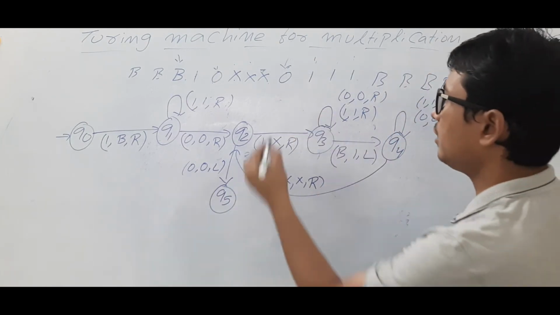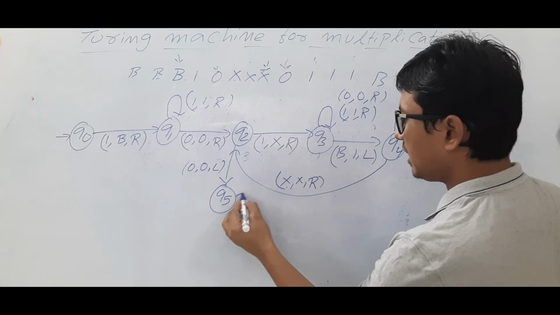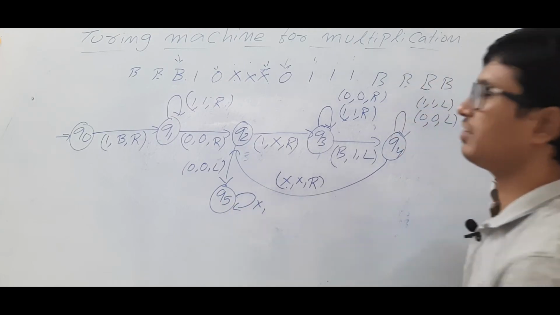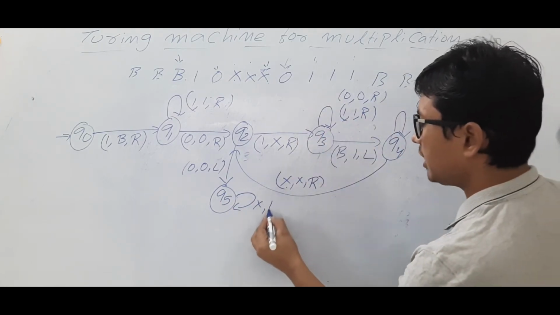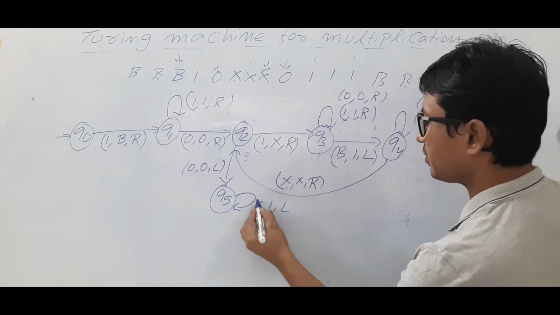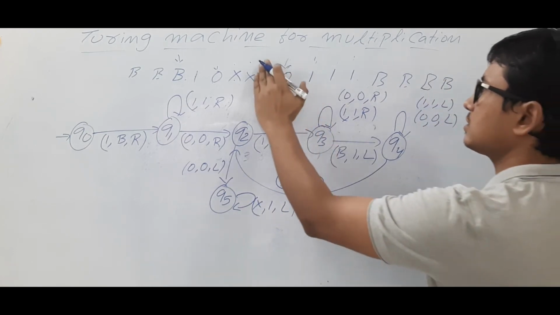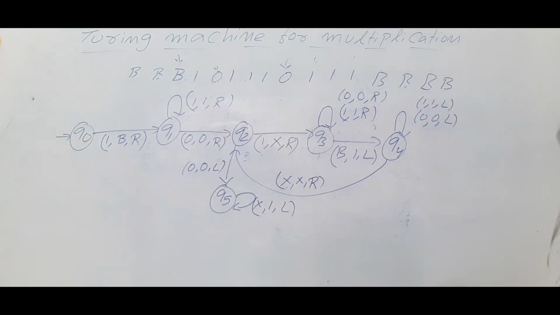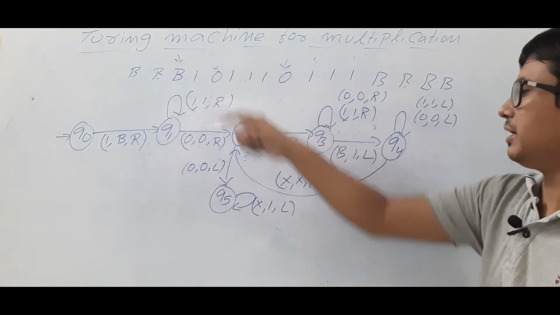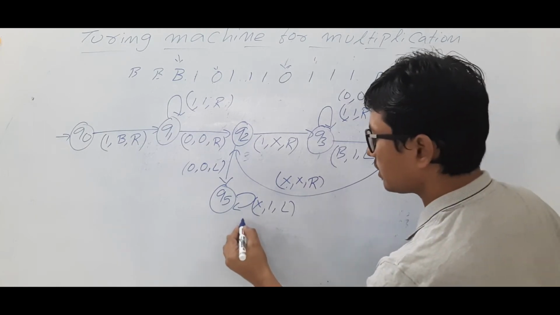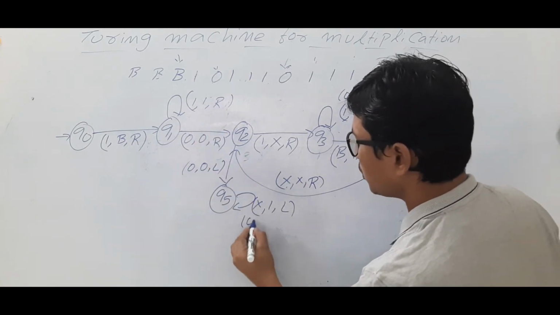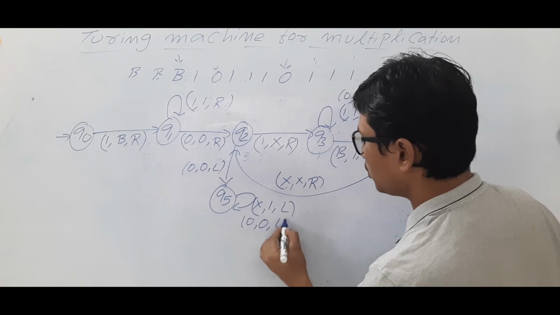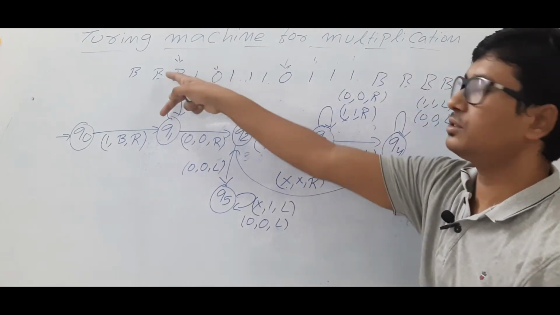And I am here. If I get an x, I will make it as 1, move to the left. So all the x's will be made into 1s. If you get a 0, make it as 0, move to the left, so that this one will be done.